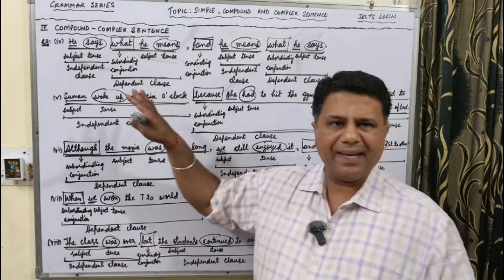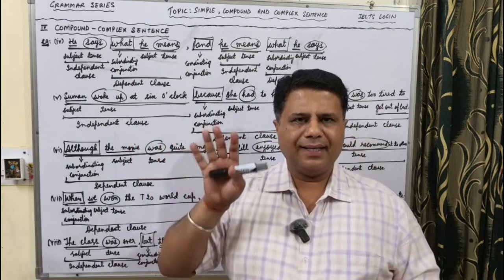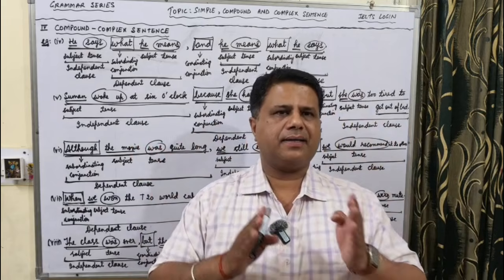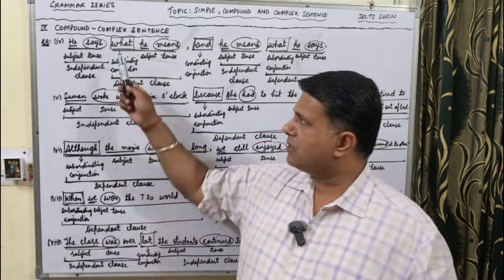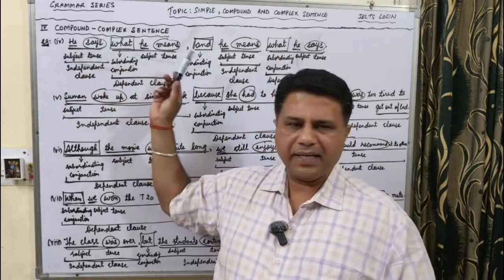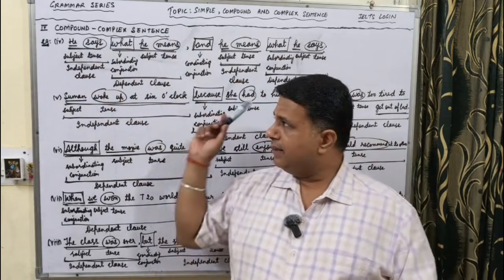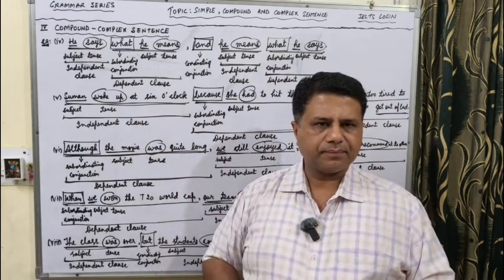Just to make you understand the difference between clauses, and the difference between subject and tense, I have highlighted all the things. Subjects are underlined and tense elements are circled, and the whole clause is also underlined.